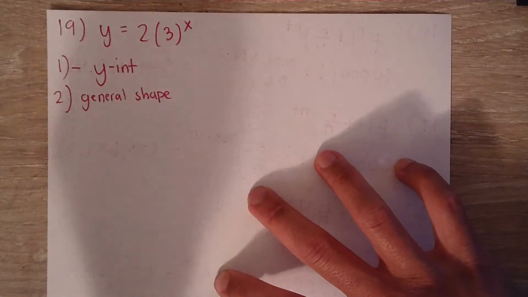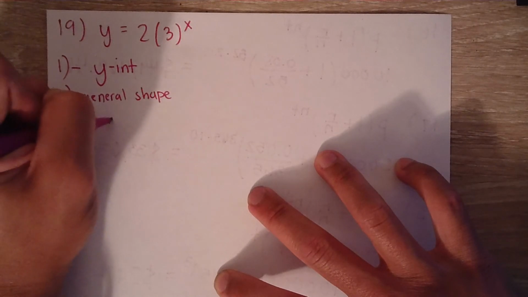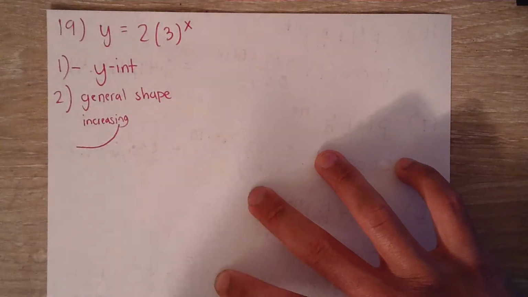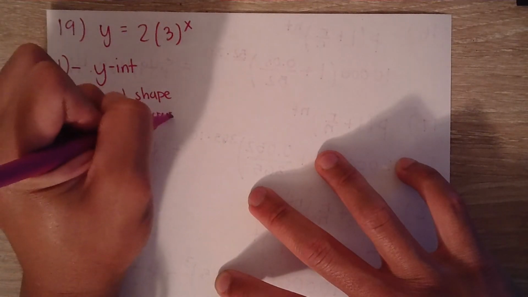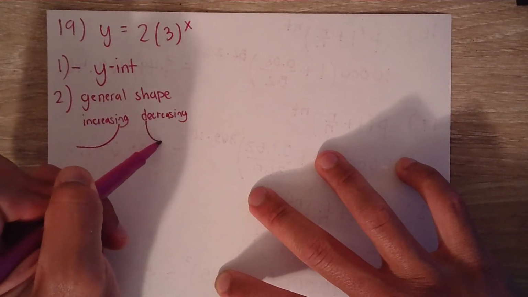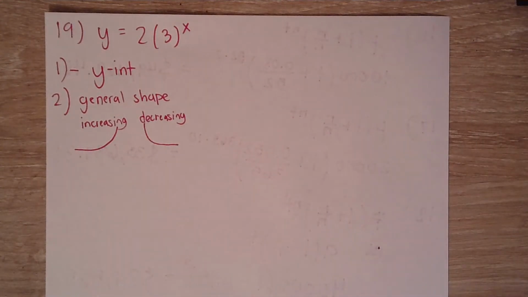So the general shape of a graph, if it's increasing, it's going to look something like this. And then if it's decreasing, well, it's going to look something like this. It decreases really quickly, then it slowly fades off like that.